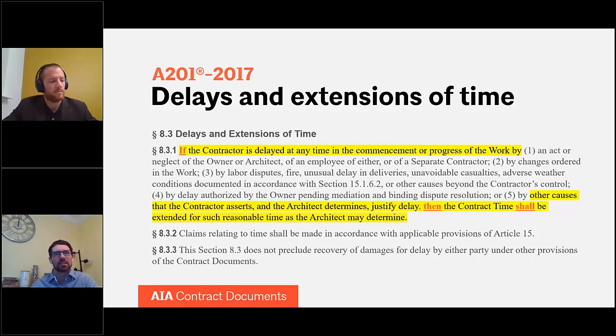That's why the architect has to get involved a little bit earlier in the process here, because it's a much larger catch-all where the contractor can assert many more things as the basis of a delay claim. If the architect agrees with the contractor on the front end that the cause should justify a delay, then the contract time shall be extended for such reasonable time as the architect may determine. So that is the framework of 8.3.1.